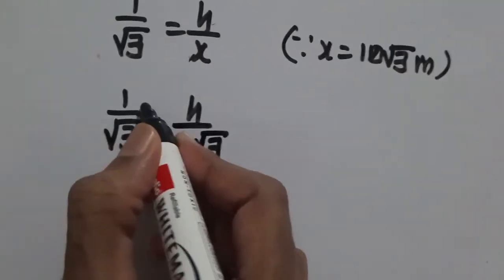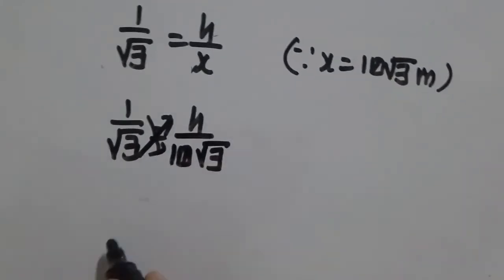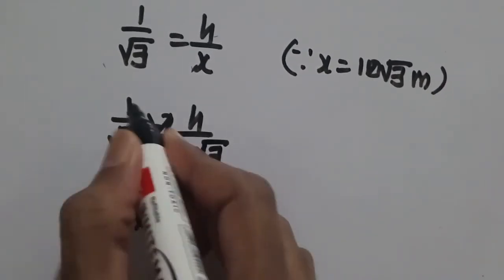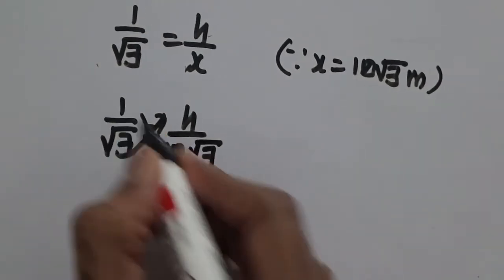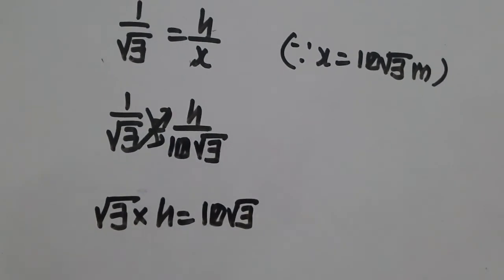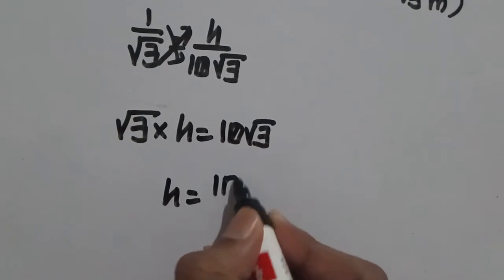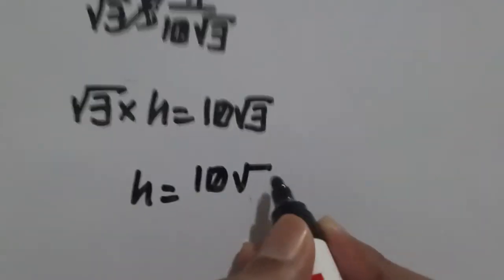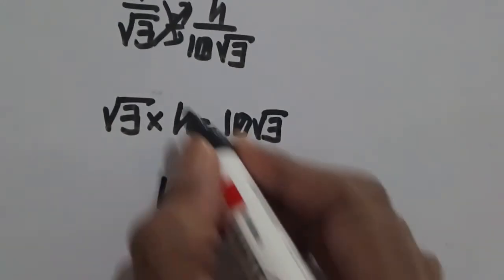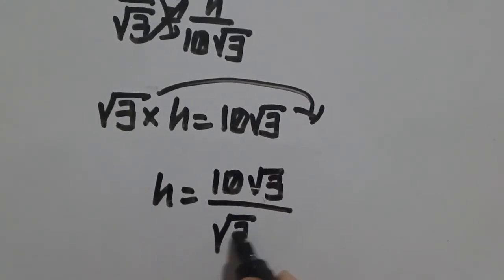Now by cross multiplication, H into root 3 is equal to 1 into 10 root 3, which is 10 root 3. Now H is equal to 10 root 3 by root 3, since on the RHS a multiplication quantity becomes a division quantity, so you write it in the denominator.